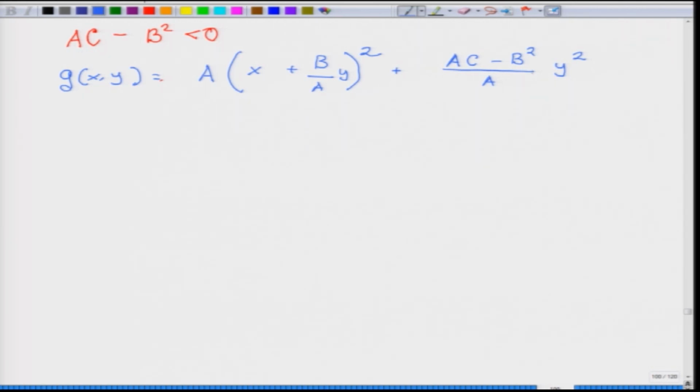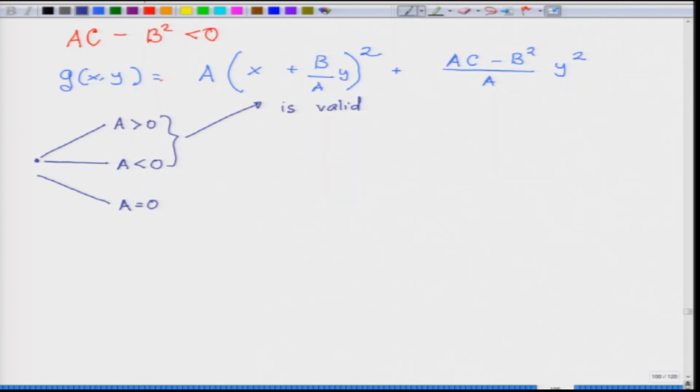So, if AC minus B square is strictly less than 0, there are 3 situations: A is strictly bigger than 0, A is strictly less than 0, and A is equal to 0. So, when these two cases are taken, this expression Gxy is valid because A is either positive or negative.